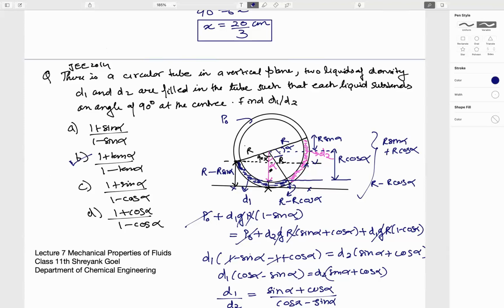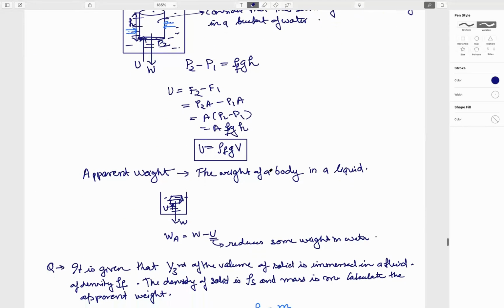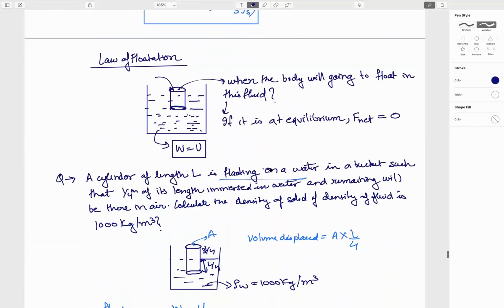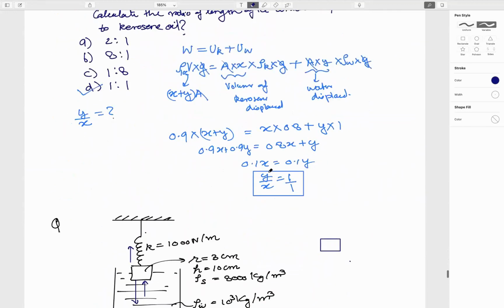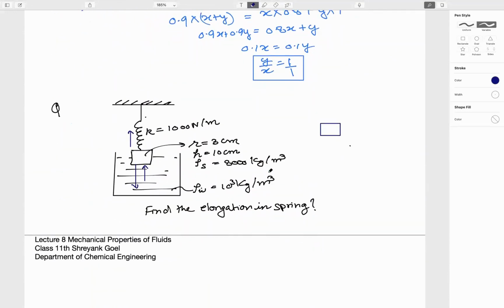You have to think over it, try a few things, make a free body diagram if possible, apply all the forces, and then you have a clearer picture, and you will be able to solve the question easily and correctly. If you go through the shortcut, there may be a possibility that you may lose that question or you may do it incorrectly.